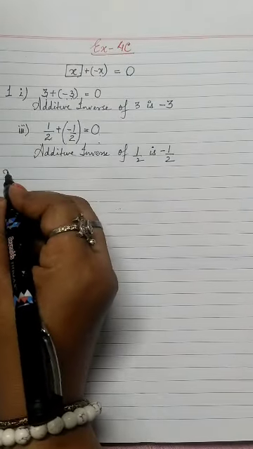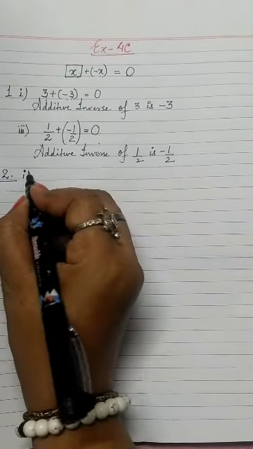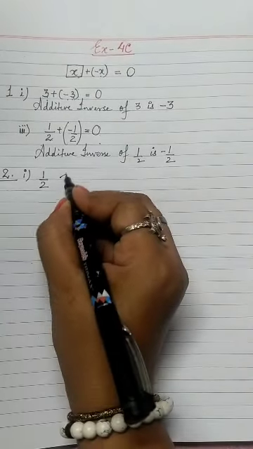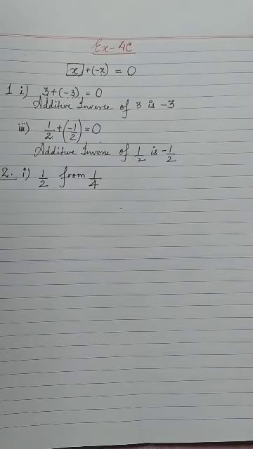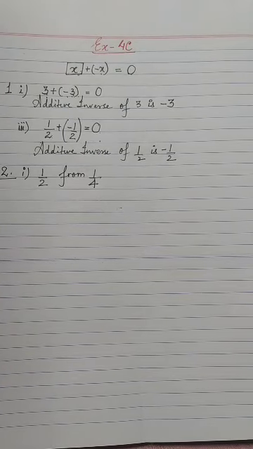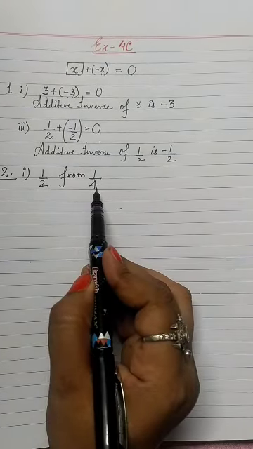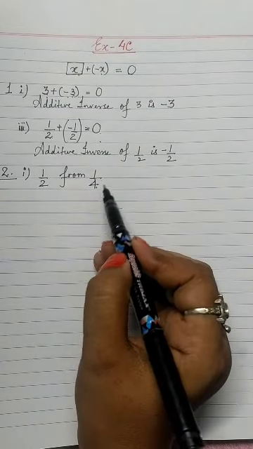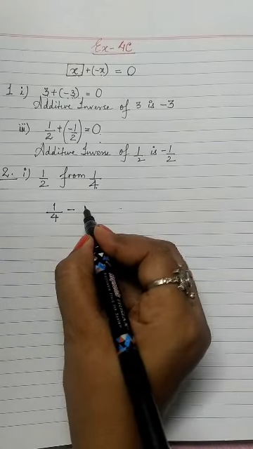Now, question number 2 says that you have to subtract. When the question says subtract 1 by 2 from 1 by 4, children, remember when we write "from", that means the first number will be written first. So 1 by 4 minus 1 by 2.